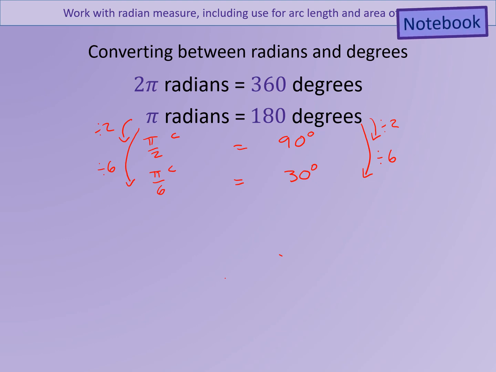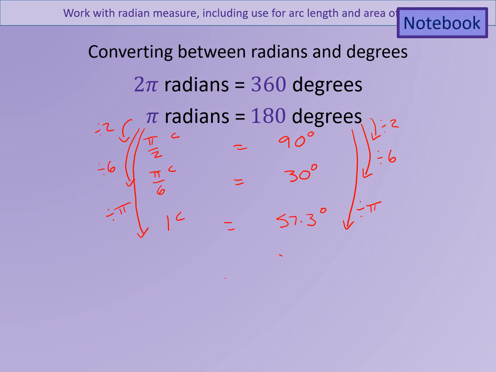However, angles in radians don't have to be measured in terms of multiples of pi. So for example, if we started with pi radians equals 180 degrees and divided by pi, so divide by pi, if we divide the other side by pi, well, pi divided by pi is just 1, so 1 radian equals, I'm just going to do 180 divided by pi on a calculator, and that is 57.3 to 1 decimal place.